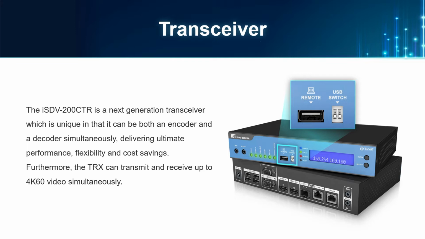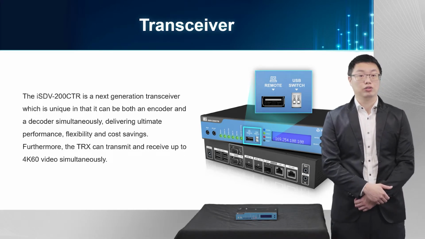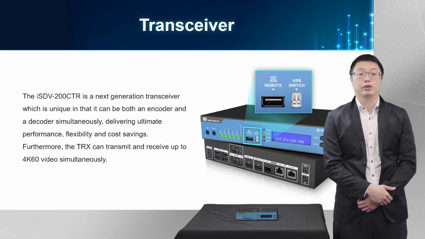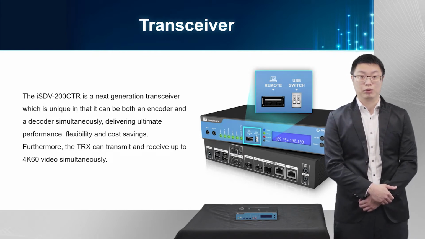Furthermore, it can transmit and receive up to 4K video simultaneously. ISDV also features a USB switch on the front side, so that user can directly configure the USB ports as remote and overclock ports. This setting could also be defined by software.